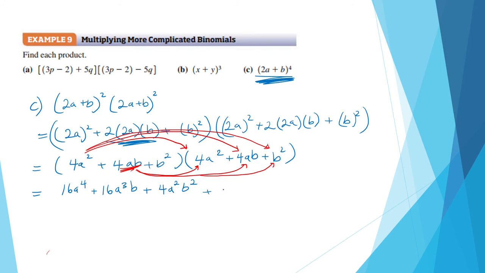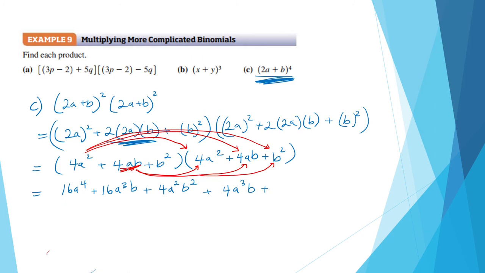This gives me 16a squared b squared. That's from 4ab times 4ab. Plus 4ab times 4a squared is 4a cubed b.